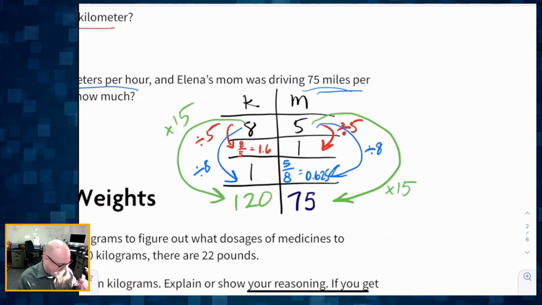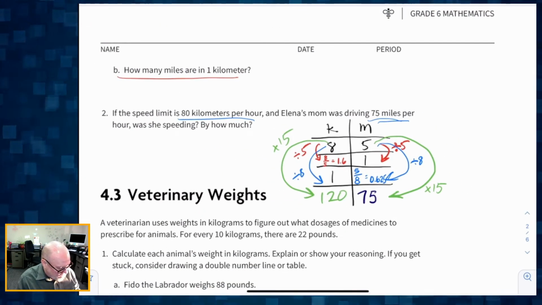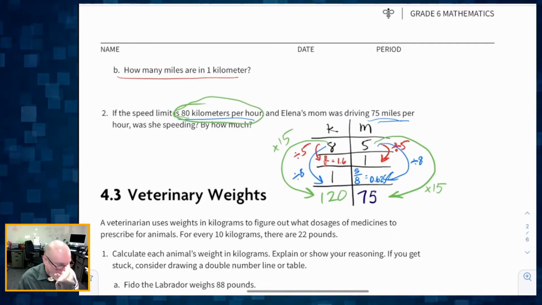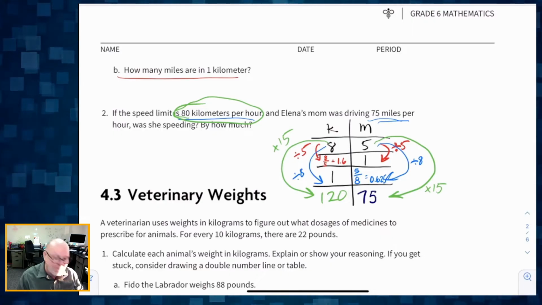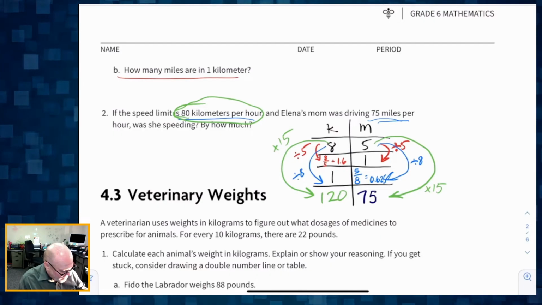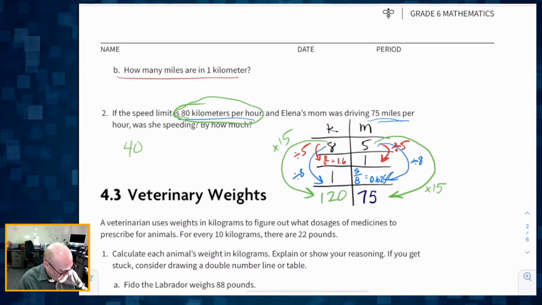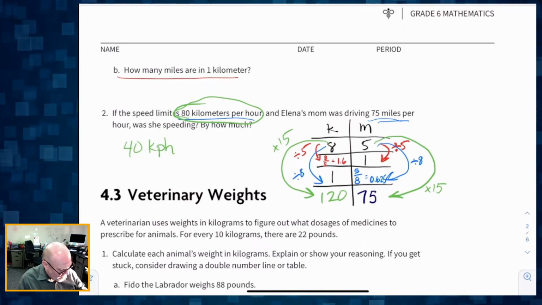Whoa, 120 kilometers. So she was only supposed to be going 80 kilometers per hour, but she was actually going 120 kilometers per hour. So she was definitely speeding, and she was going 40 kilometers per hour too fast.